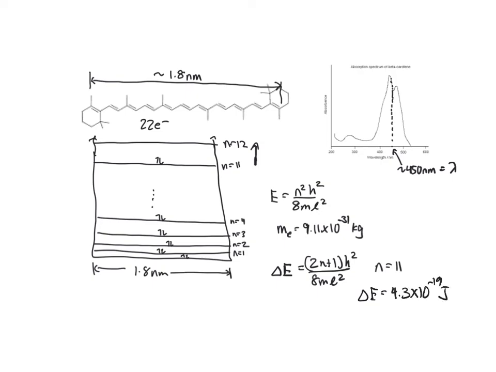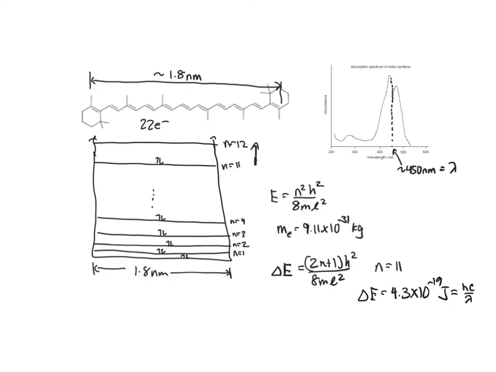Now, the photon that is required to make that transition happen has to have an energy that matches the energy of the gap. And so the energy of that photon is hc over lambda.